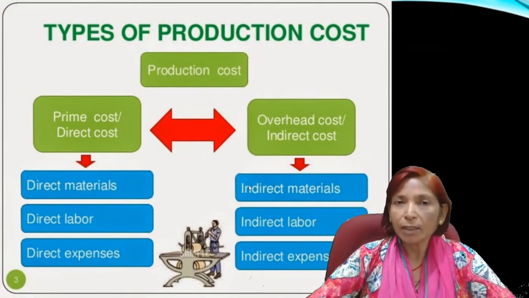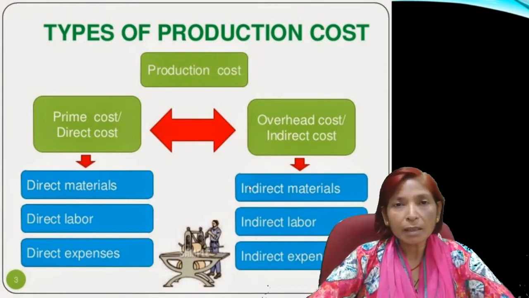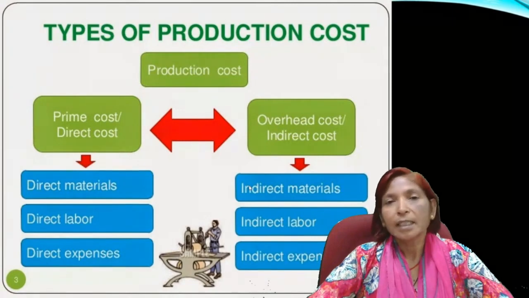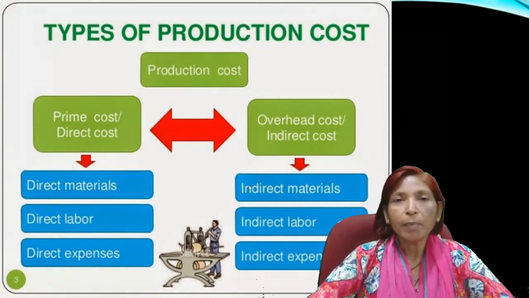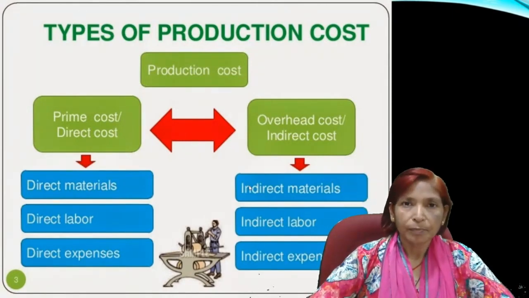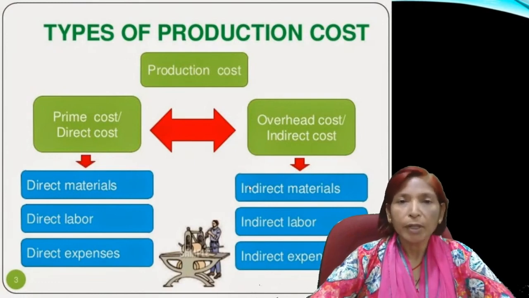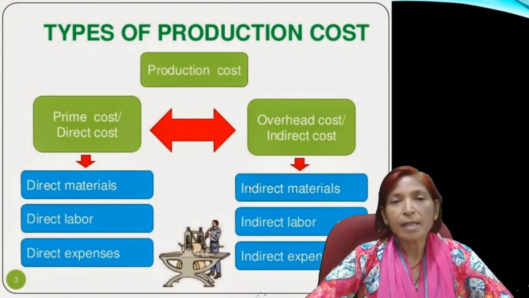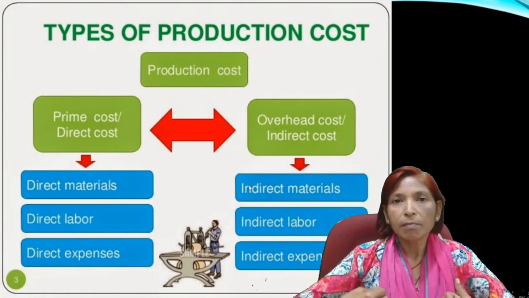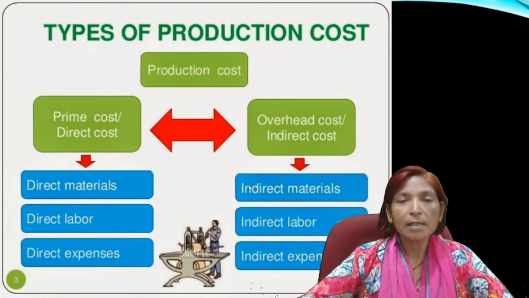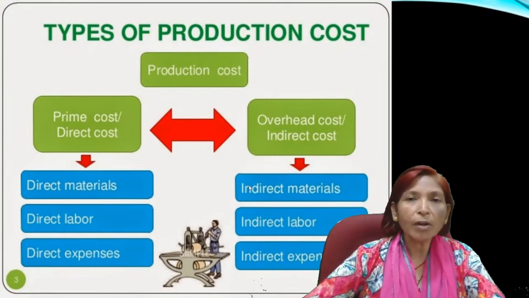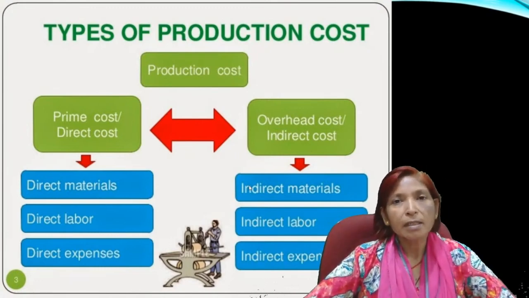Implicit cost is that cost which is incurred in the production of goods and services but not directly seen. For example, if a producer or business entrepreneur uses his own efforts, uses manual labor, works himself in his business enterprise, then he will not directly pay wages to himself.